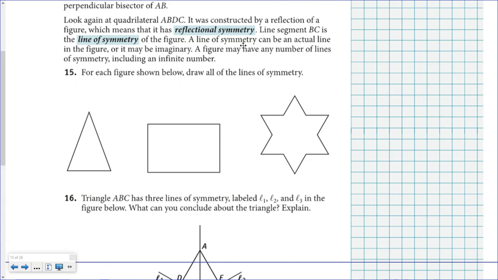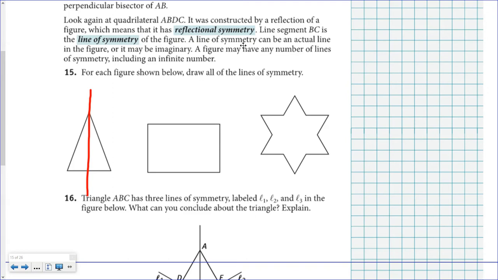So they gave us a couple of figures, and they want us to draw all the lines of symmetry. You can have just one line of symmetry, two, several, or you could have infinitely many lines of symmetry. So for this triangle, it only has one line of symmetry.